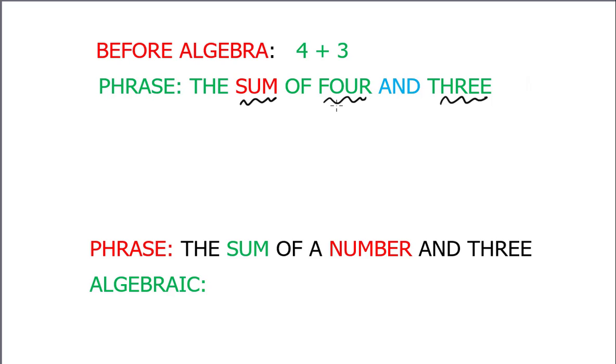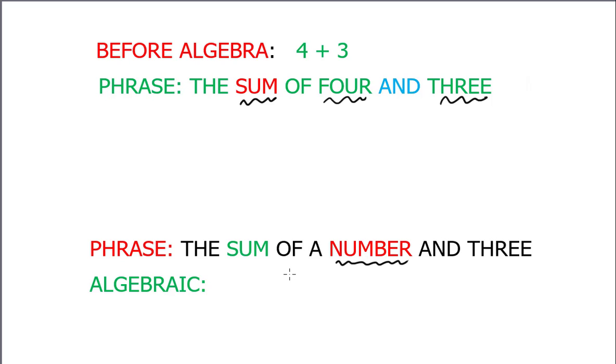So what if one of the numbers is missing? Say we are adding an unknown number and 3, or an unknown number and 4. That's when we need to use a variable as a placeholder. For example, the sum of a number, which is unknown, and 3. We assign a variable for the unknown number, then add the 3.